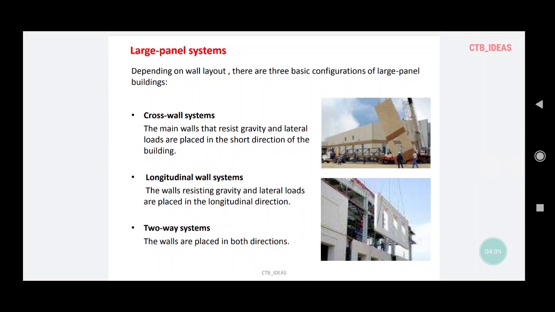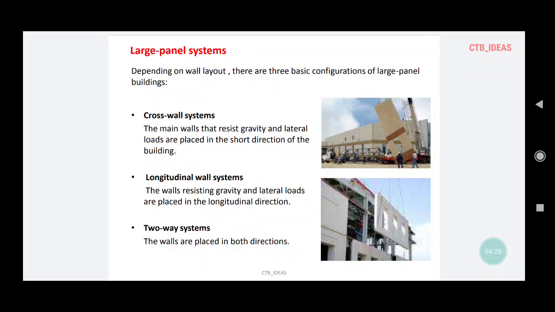Now the large panel system is further divided into three more types depending on the wall layout. There are three basic configurations of large panel systems. The first one is the cross wall system. The main walls that resist gravity and lateral loads are placed in the short direction of the building in cross wall systems.